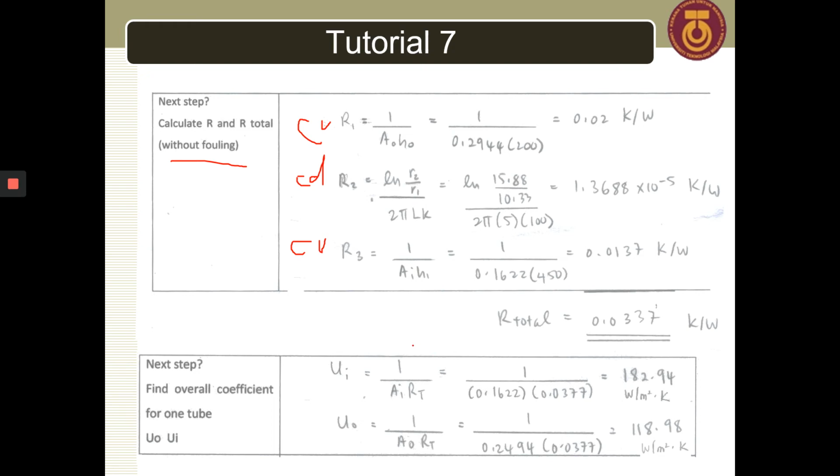to find the overall coefficient, also based on my basis of one tube. Okay, so because my area just now is 0.16 and my total resistance is 0.0377, so I get overall coefficient. Okay, because this is the formula for overall coefficient. Okay, so I get 182 for inside overall coefficient and 118 for the outside overall coefficient.